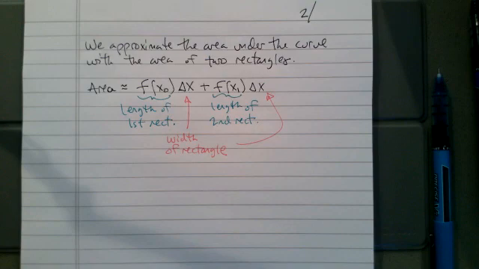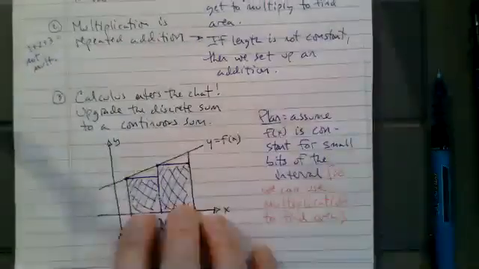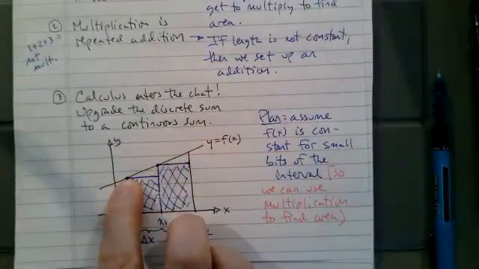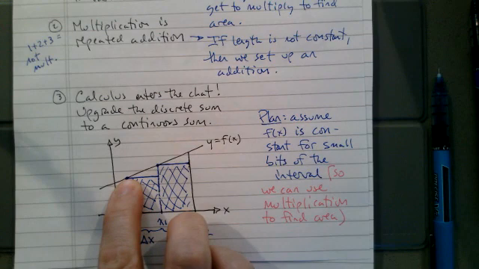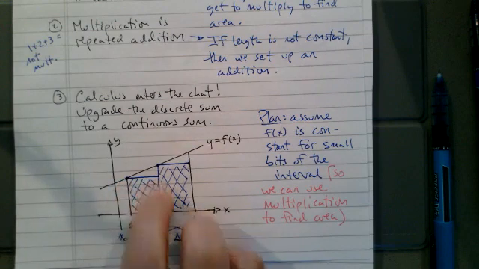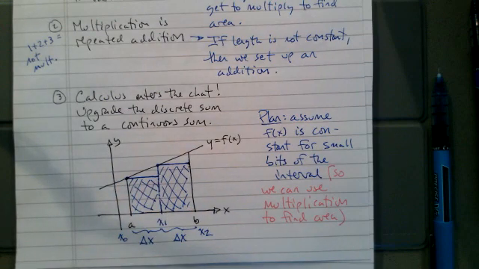This approximation is missing some area that we want because of the way I drew it. I have an increasing function. I chose the left endpoint. I said f of x is just whatever it was starting off at each interval, and I just keep that the whole time.